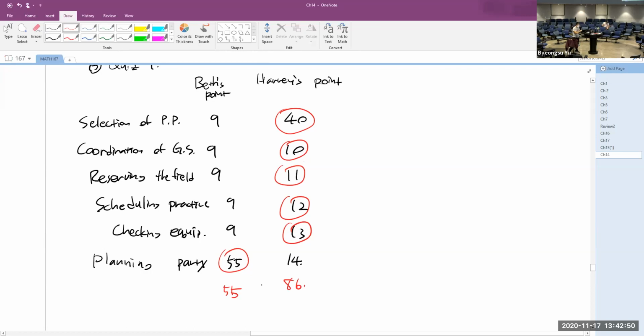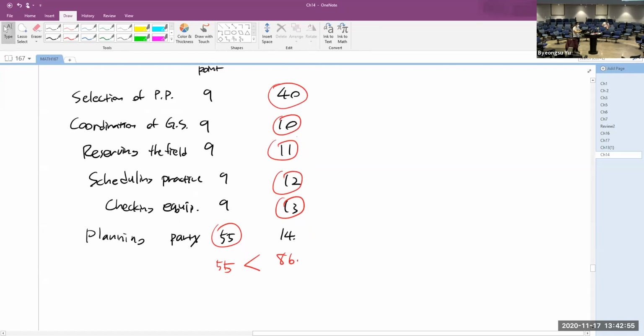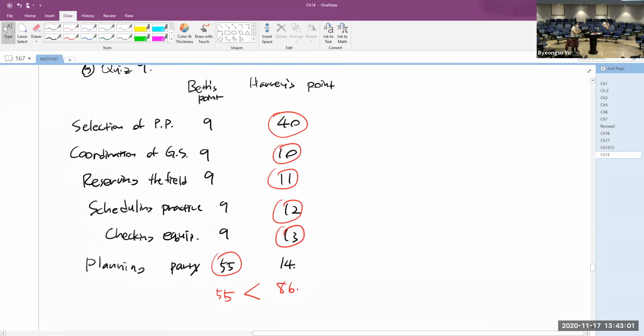So again, here Harvey is the winner. So we need to bring some items from Harvey to Beth to adjust it. To do this, you need to calculate the profit ratio. Here, the profit ratios are 40/9, 10/9, 11/9, 12/9, 13/9.